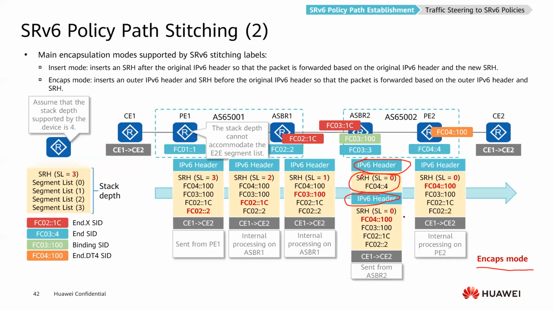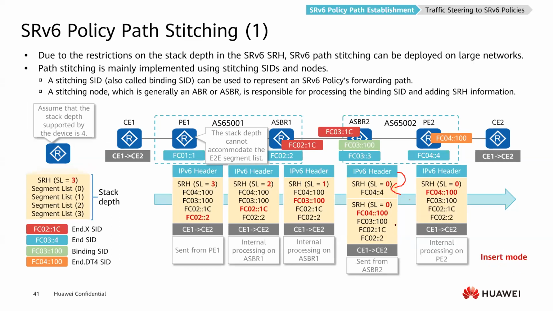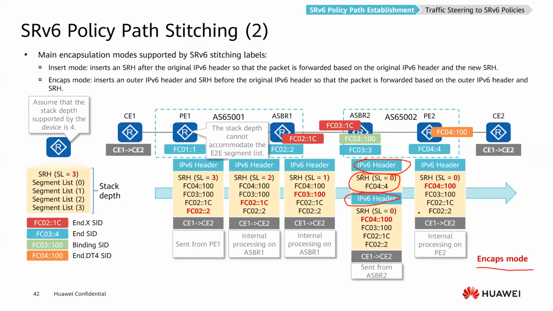So the function of those two is pretty much the same. Just to realize the function, the way is different, the encaps mode and the insert mode. Insert mode directly inserts the SRH behind the old IPv6 header, but for the encaps mode, they will put a new IPv6 header and a new SRH header.